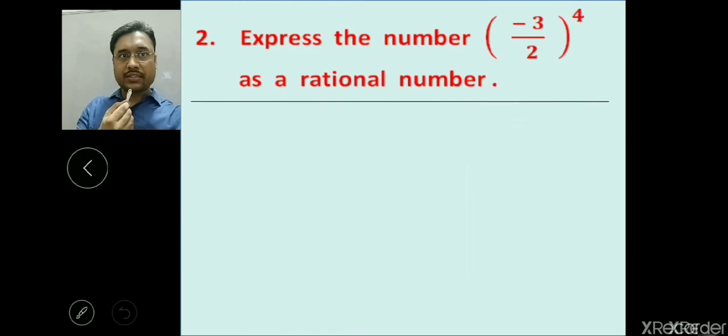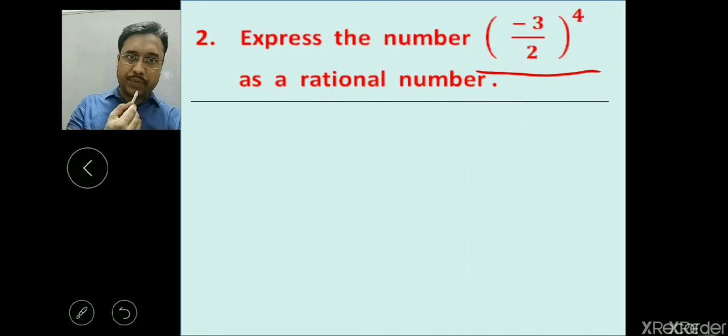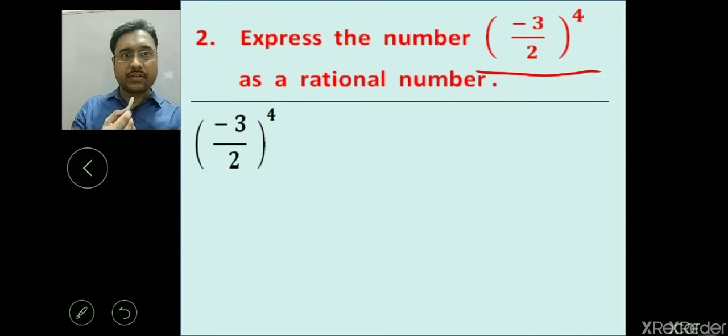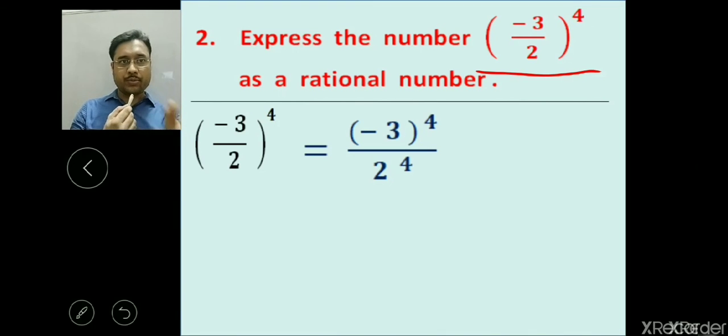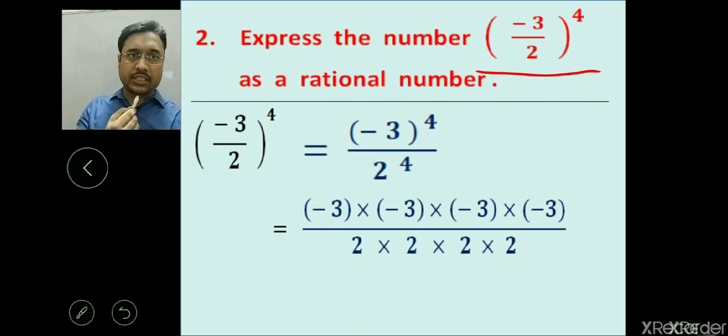Now in this question you express the given number as a rational number. This is the opposite question: the number is given in exponential form, or power notation, so convert it into a rational number. You can write (-3/2)^4 as minus 3 to the power 4 by 2 to the power 4. As per the formula I have said, this common power you take on both the numerator and denominator. With 4 power, you multiply 4 times: minus 3 into minus 3 into minus 3 into minus 3.